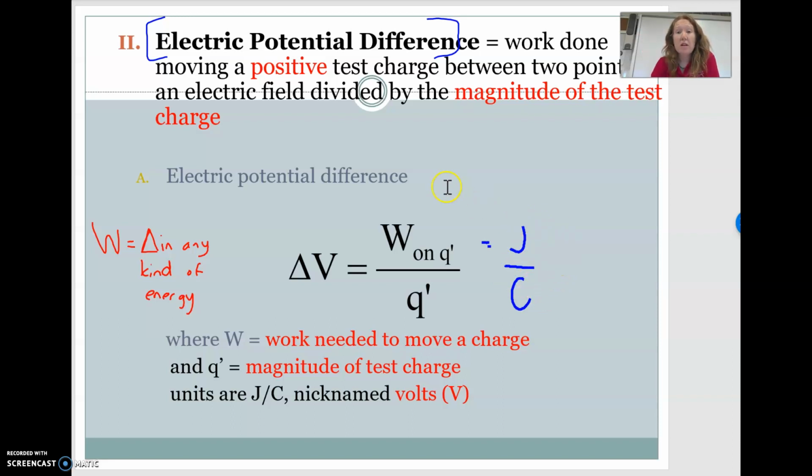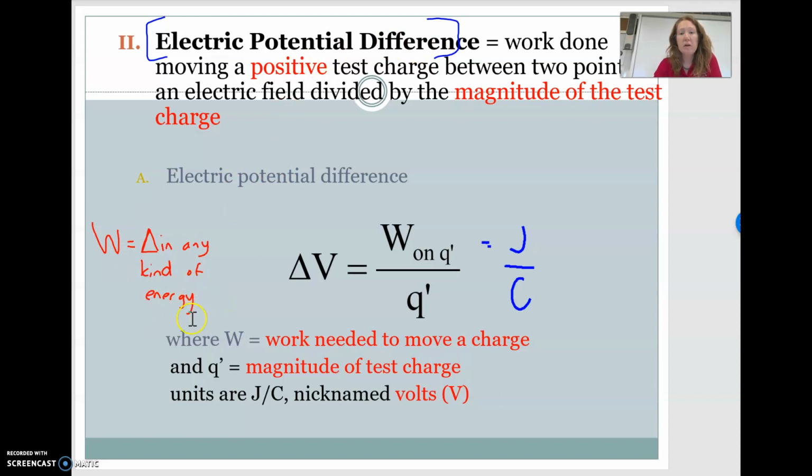And so that is a concept we use when we talk about electricity, this electric potential difference, which is given as work done per coulomb. And remember that work can be a change in any kind of energy.